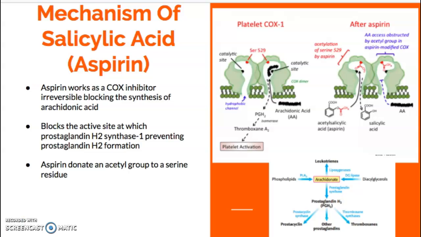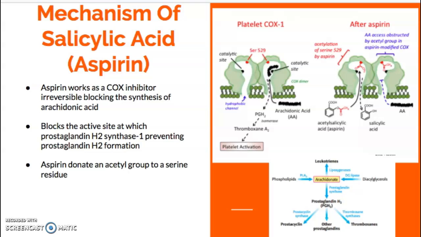By preventing prostaglandin H2 from forming, it's similar to if your body was unable to produce platelets, you wouldn't be able to produce blood clots.